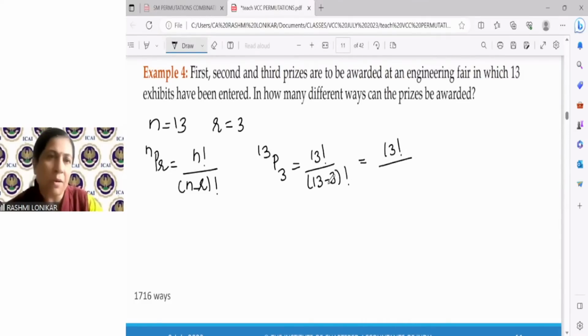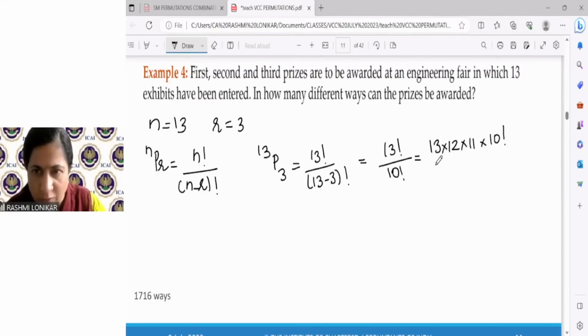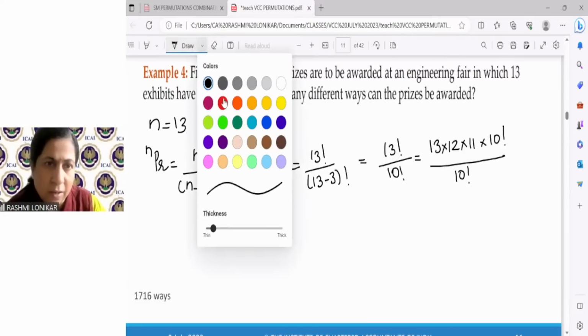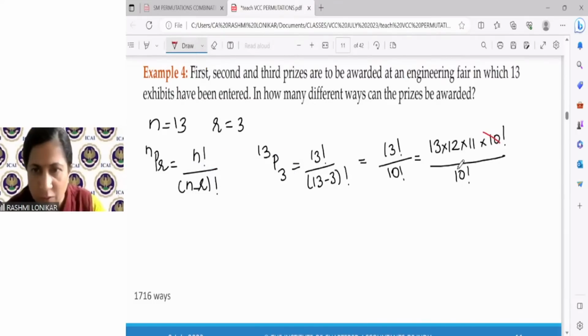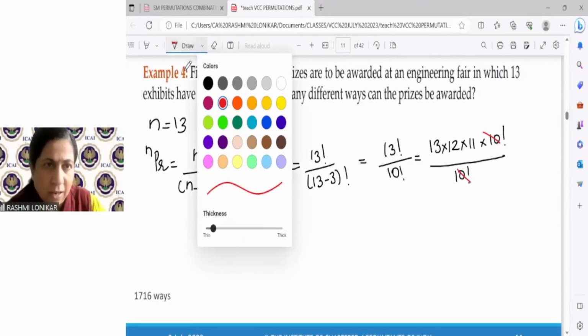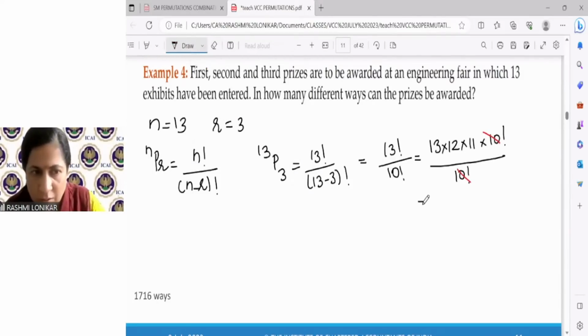I solve the denominator, the bracket first: 13 minus 3 is equal to 10 factorial. Using the golden rule, I go from 13 down to 10. So this is 13 into 12 into 11 into 10 factorial upon 10 factorial. The 10 factorial and 10 factorial get cancelled, and I'm left with 13 into 12 into 11, which is equal to 1716 ways.